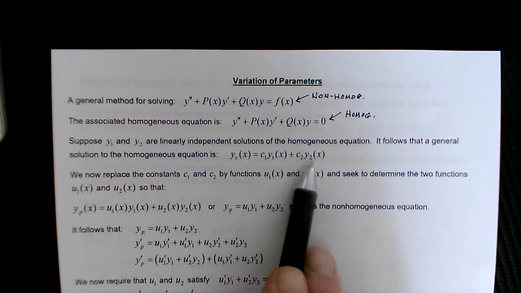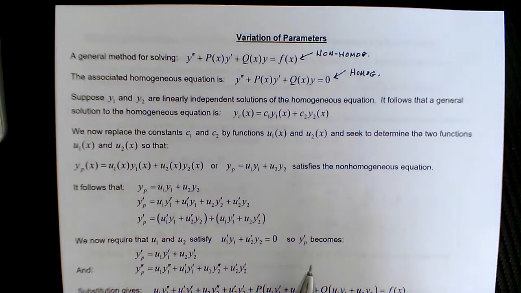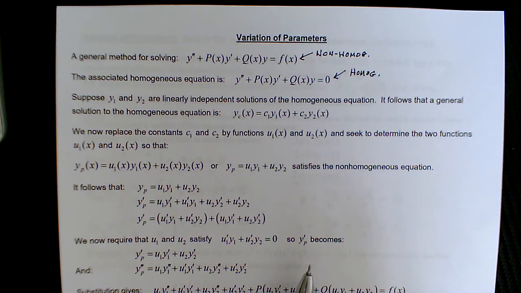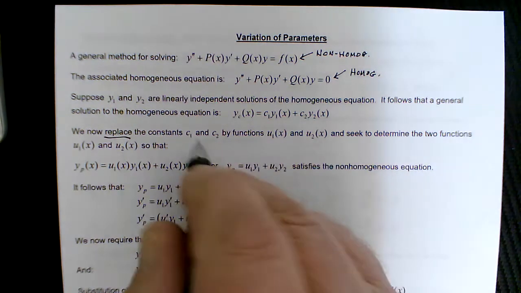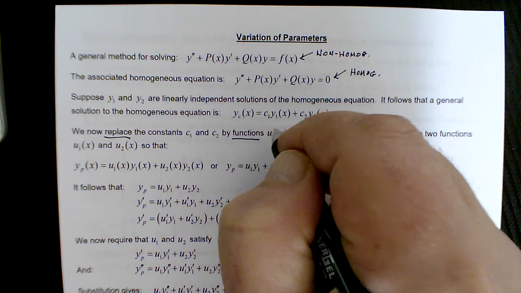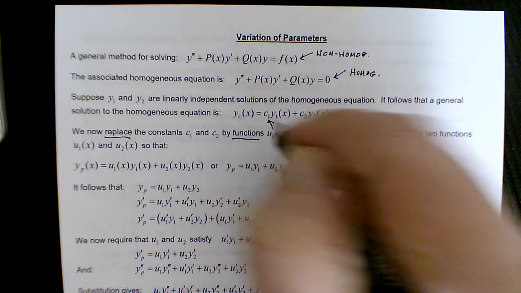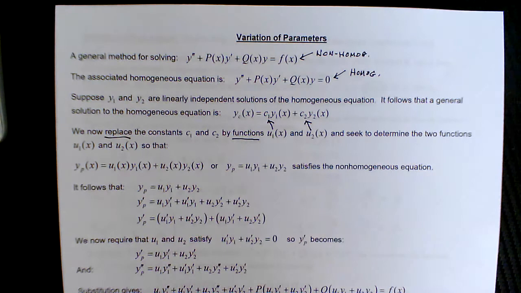And you could use the functional notation if you want, but when we get to calculating some derivatives, we're going to drop it. Okay, so now what we do is we replace the constants c1 and c2 by the actual functions u1 and u2. So u1 replaces c1 and u2 replaces c2.